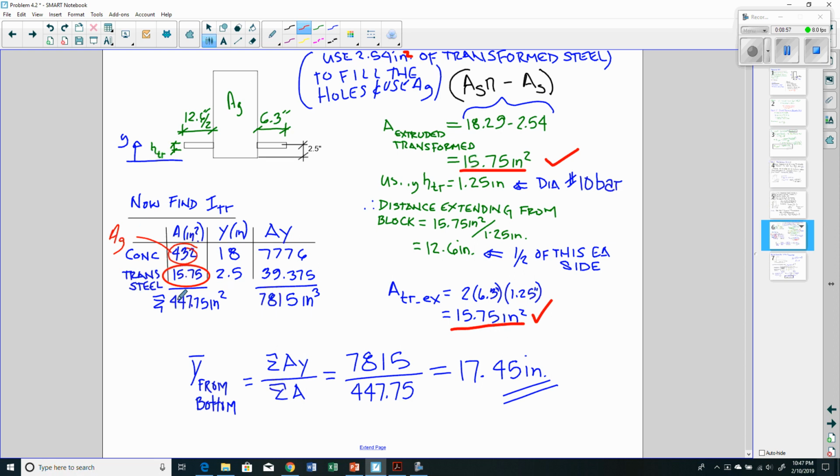So our total area comes out to be 448 essentially, and the AY is 7815 inches cubed. So to get our neutral axis of that transform section, we divide the sum of the areas times the distance to their neutral axes by the total area, and then we have a neutral axis of the transform section located at 17.45 inches from the bottom.